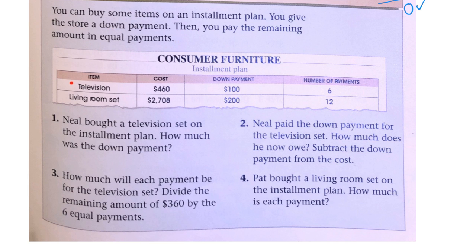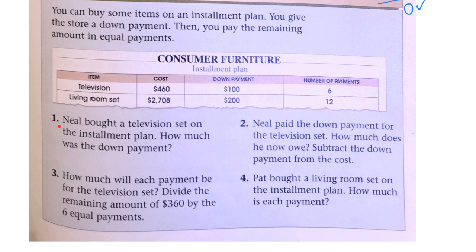So if you wanted to buy a television set that cost $460, you could put down $100 and then make 6 payments to pay for it. Or maybe you wanted a living room set that cost $2,708. You could give the store $200 at first and then give them 12 payments to pay for it.